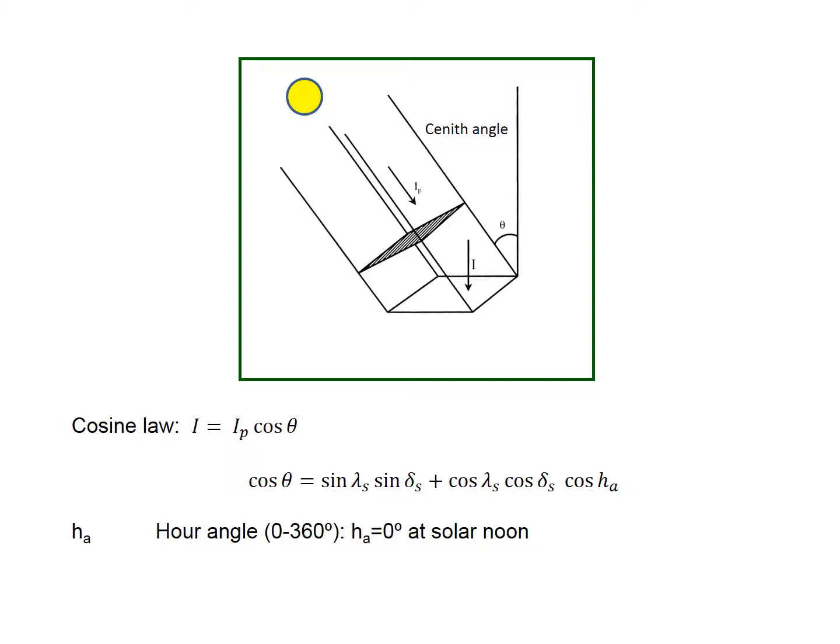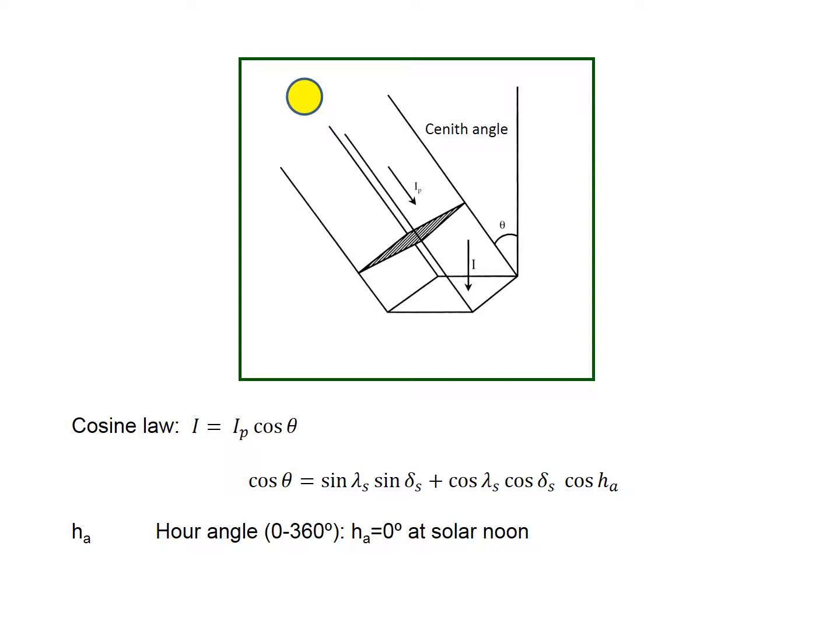The variations of radiation throughout the day or during the year are associated to changes in the solar angle. Here in this picture we see the direction of the sun rays, and we characterize the sun inclination by its zenith angle, which is the angle between the sun rays and the vertical over the surface.